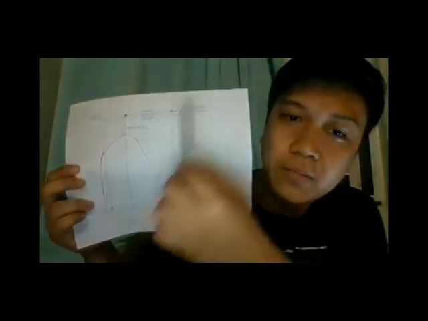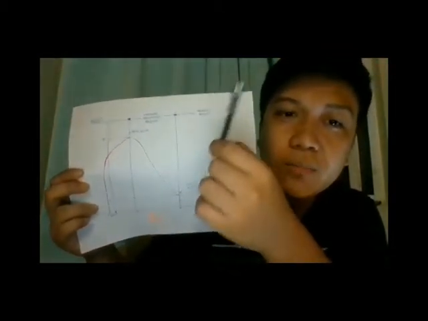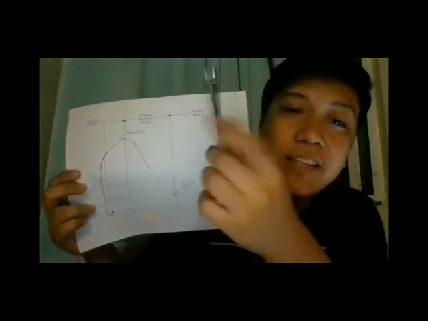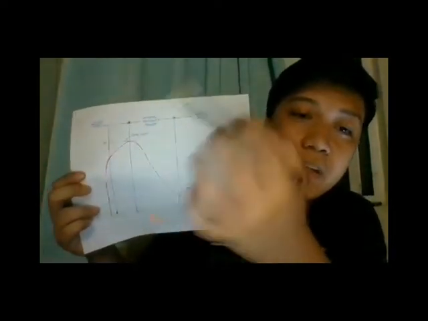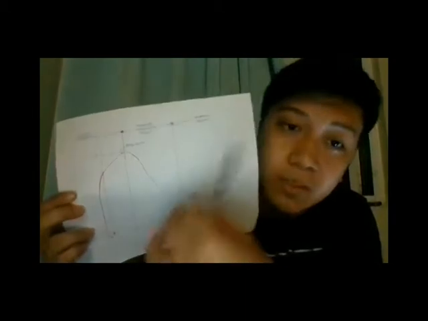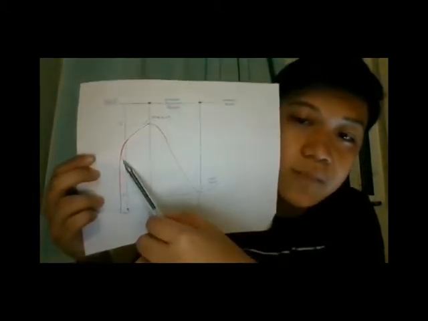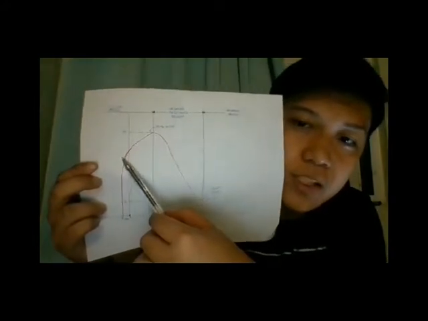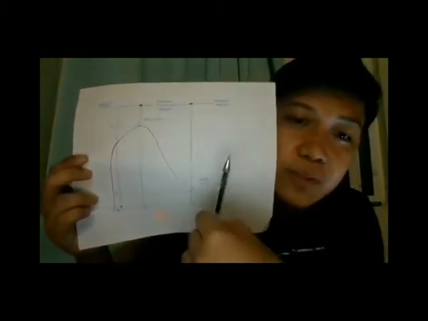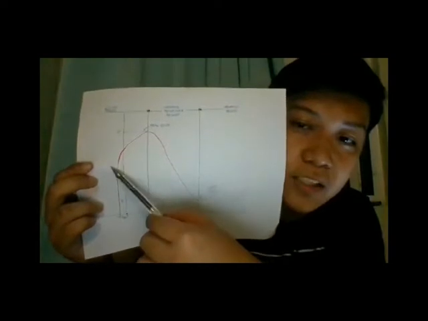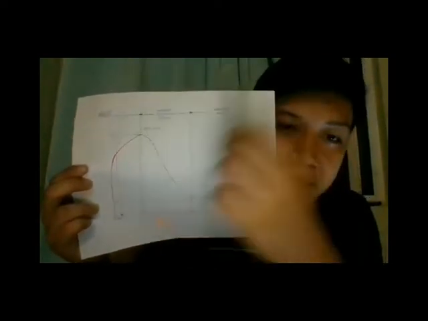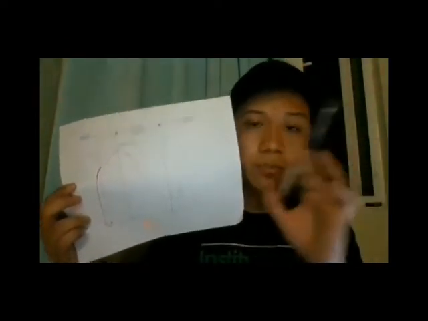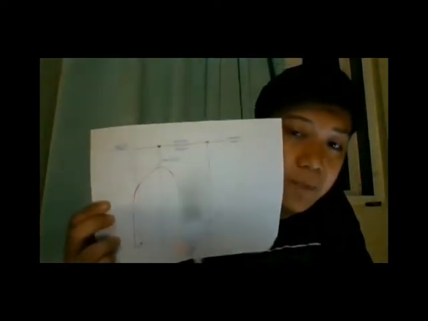Pero bago ma-reach niya yung peak point niya, nagkakaroon muna siya ng slight leakage current from the terminal to the emitter. Shows na yung curve, nagkakaroon siya ng curve papunta dun sa way nung emitter current. Kaya siya nagkaroon ng curve dyan.